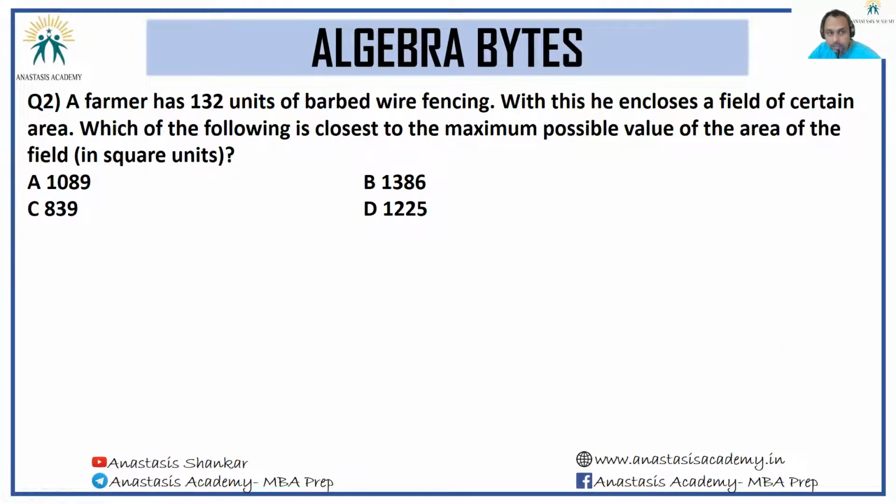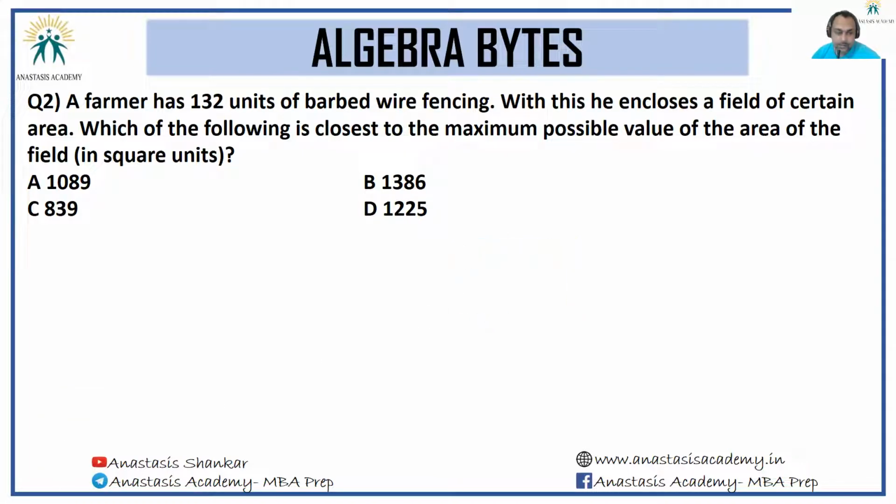Next question. A farmer has 132 units of barbed wire fencing. With this, he encloses a field of a certain area. Which of the following is closest to the maximum possible value of the area of the field in square units? Okay. So if it's a field like this... No, why am I making that up?